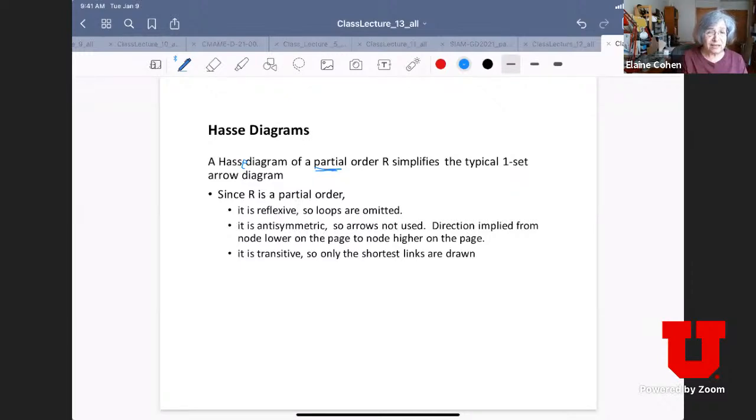When you make the diagram, you arrange your points so that where the arrows would enter, not leave, are higher than where they leave. Sometimes you have arrows leaving and entering, but then you have another layer on top, so you have multiple layers. It's transitive, so you don't need to write all of the arrows. You only need to put the shortest link.